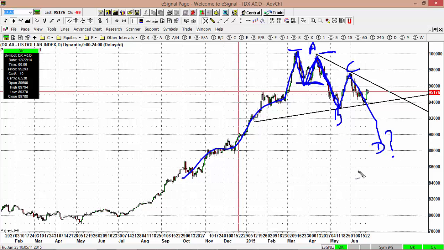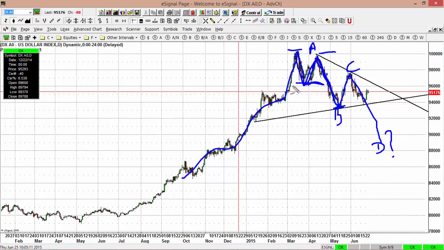And remember, if this happens, most of the currencies will strengthen against the US dollar, because when the US dollar index is moving to the downside, currencies like the euro, the British pound, etc., are strengthening against the US dollar. So are we looking for a new D point below this point here?